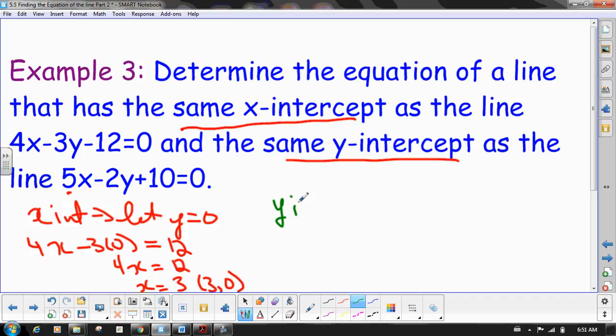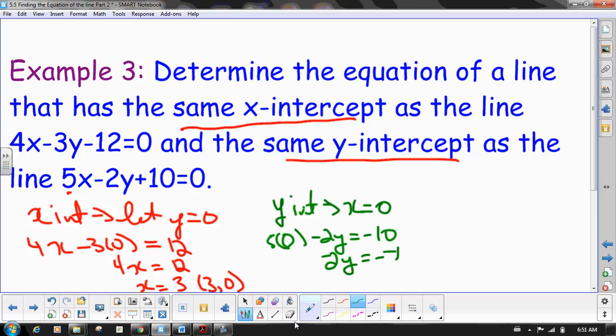Now the y-intercept, I'm going to let x equal 0. So I'll have 0 multiplied by 5 minus 2y. I'm going to put that negative 10 on the other side. So we have negative 2y equals negative 10. And it's negative because I'm subtracting from both sides.